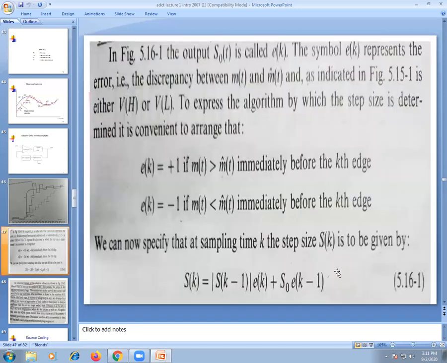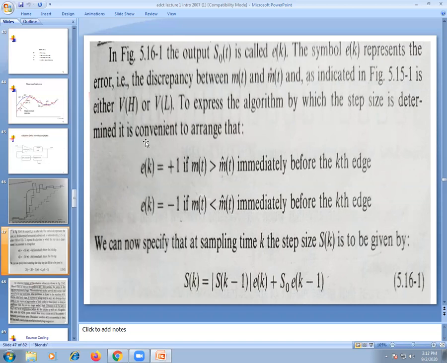Let us see this. There is an output M cap of t, or S naught of t. The difference between input and output is called E of k. The symbol E of k represents the error between M of t and M cap of t. Suppose VH and VL are the high voltage and low voltage; we express the logic by which the step size is determined.